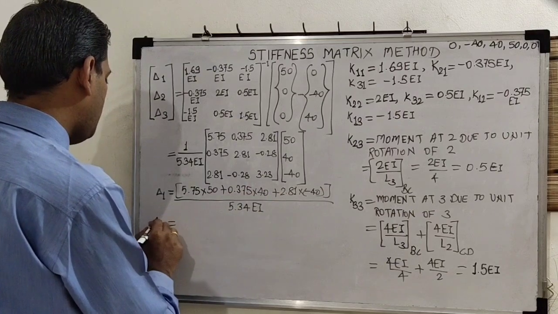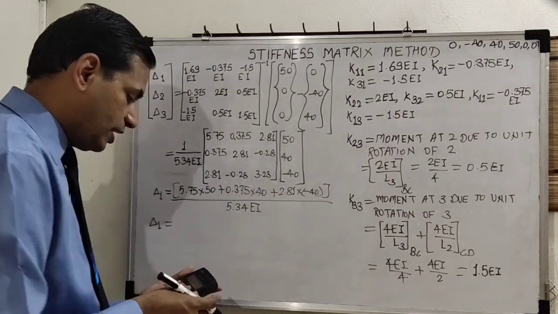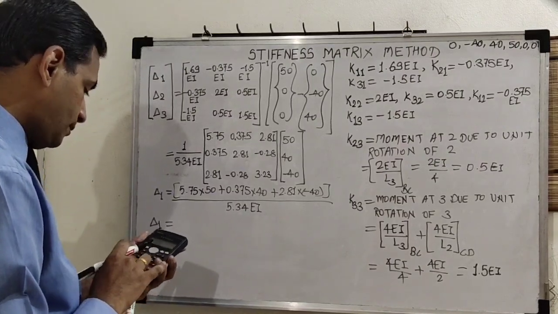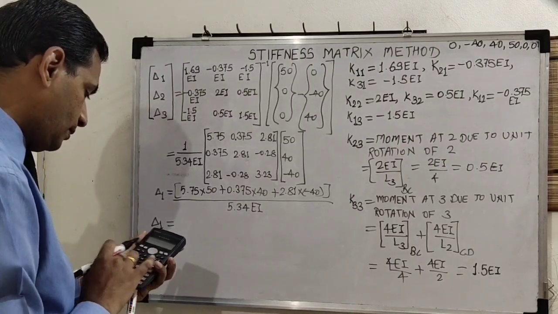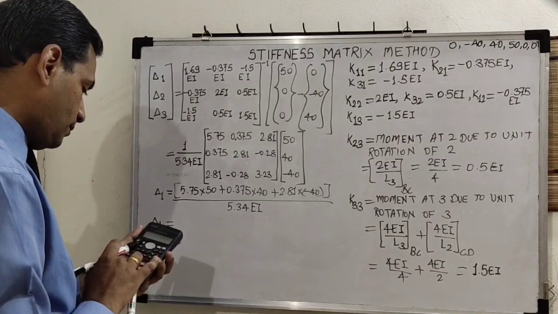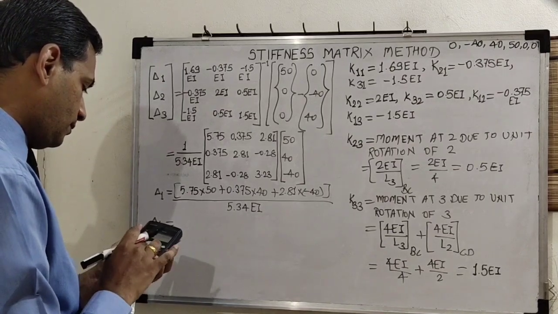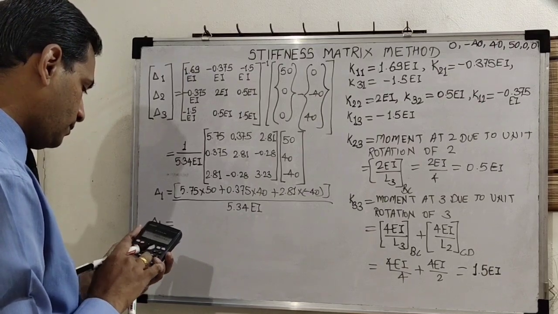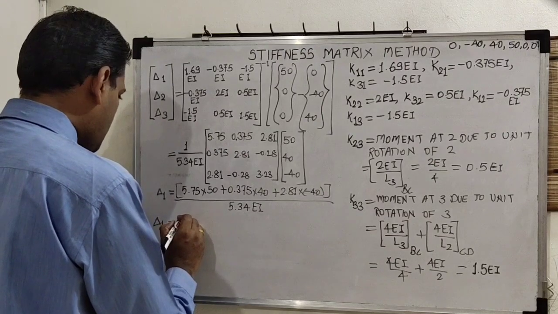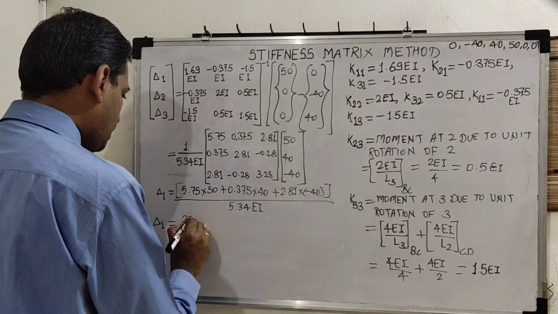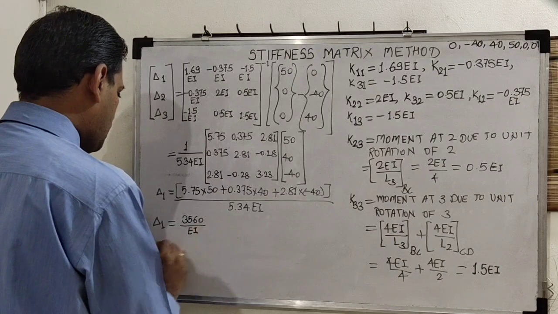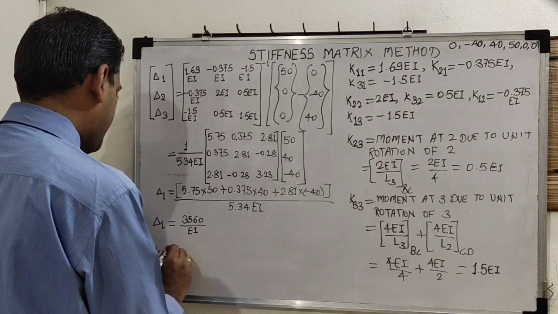This is how you get delta 1. Let us calculate. So the answer is 35.6 upon EI.